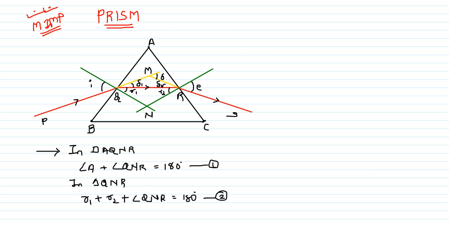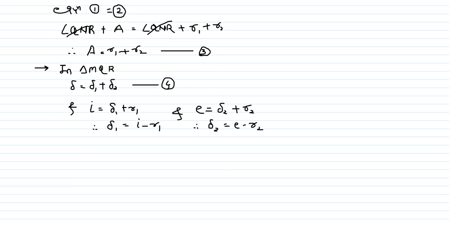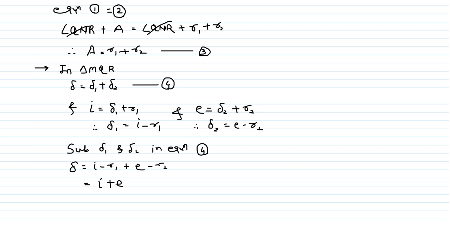Okay, let's look once again. So substitute delta 1 and delta 2 in equation number 4. Delta is equal to I minus R1 plus E minus R2, that is equal to I plus E minus R1 plus R2.